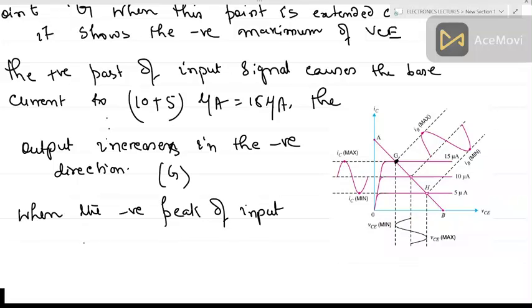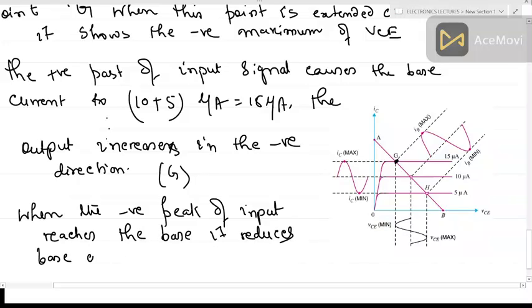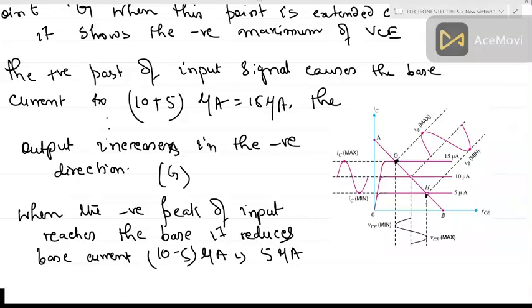When the negative peak of input reaches the base, it reduces base current to 10 minus 5 microampere and it is equal to 5 microampere.